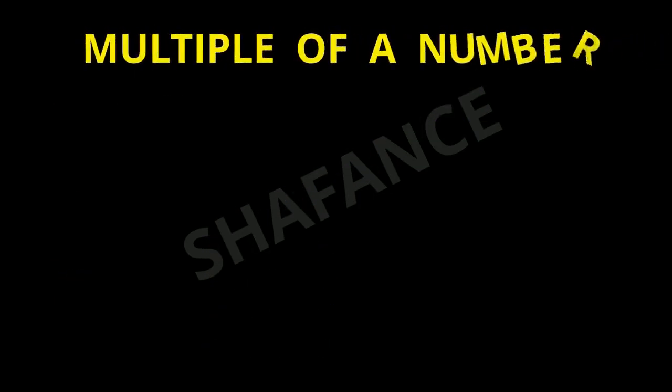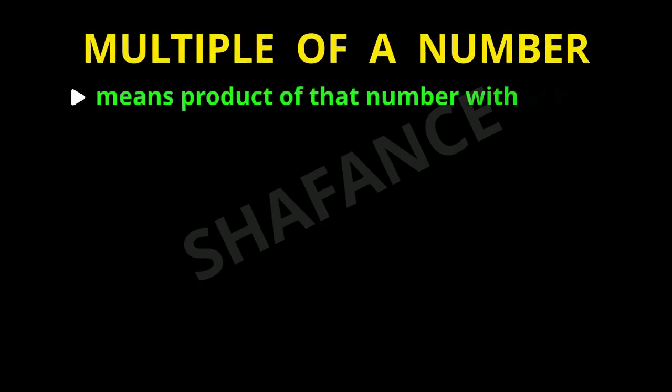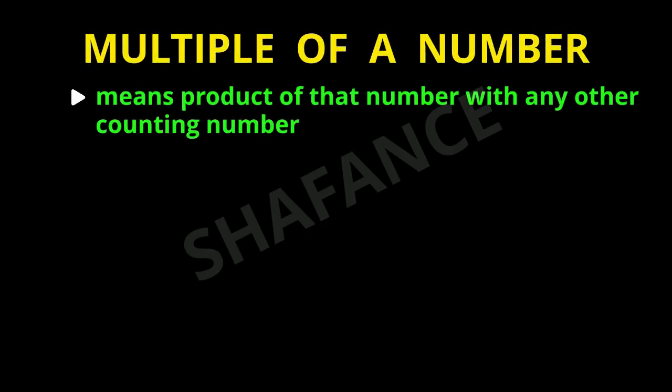Next is multiple. Multiple of a number means product of that number with any other counting number. Let's again take the number 4. And now we will multiply 4 with counting numbers starting from 1.